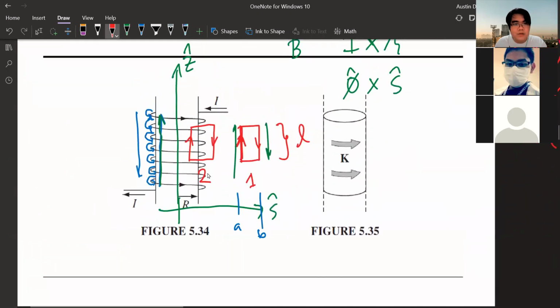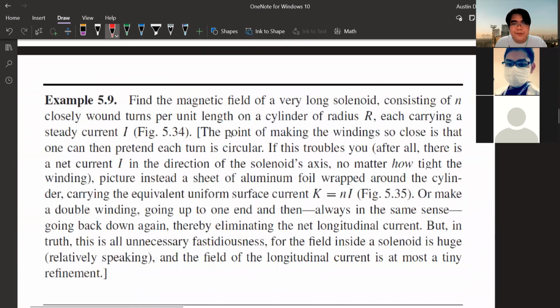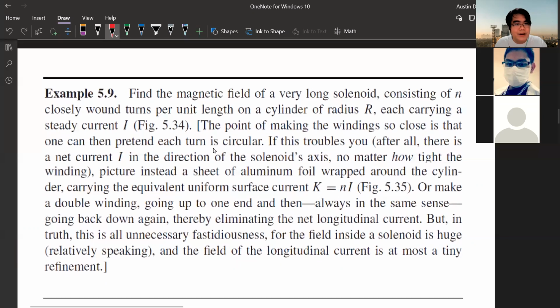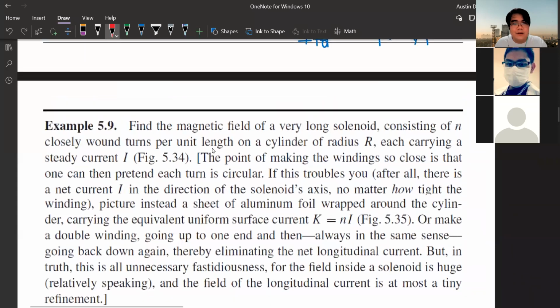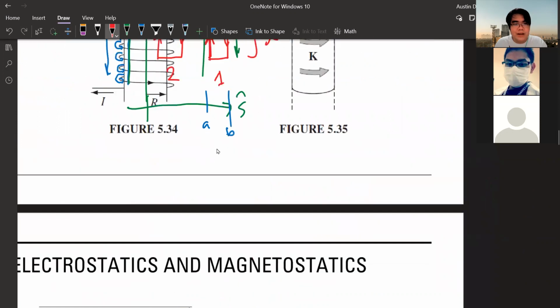The I enclosed would be the number of wires that is enclosed in this loop. Okay, sabi niya, N per unit length of a cylinder, radius R, carrying a steady current I. Okay. So N per unit length.